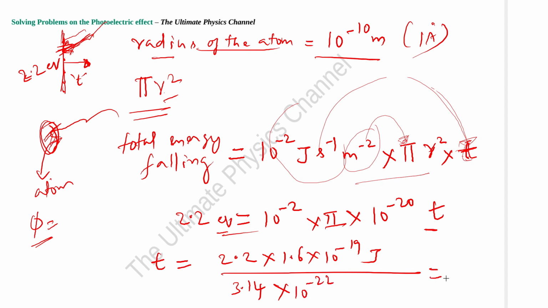If you work out these numbers, you will get a time of about 18.8 minutes. So that is a typical time lag that is calculated classically in the photoelectric effect. But we know in real experiments of the photoelectric effect, we don't see any time lag between the incidence of light and the emission of photoelectrons. Right.